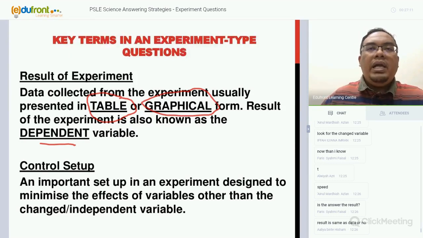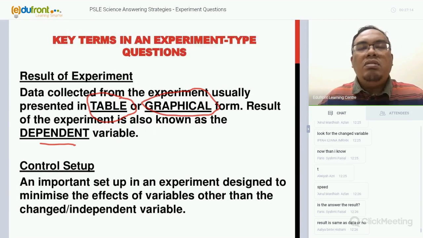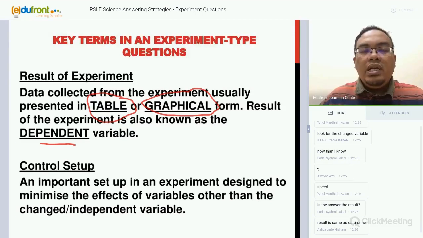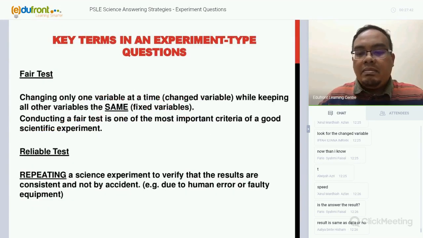You must elaborate why or how it becomes a control setup. A control setup is to compare and confirm that the result of the experiment is only due to the change variable. That's why you have a control setup. Please remember, you cannot just state the term. You need to elaborate how it becomes a control setup.